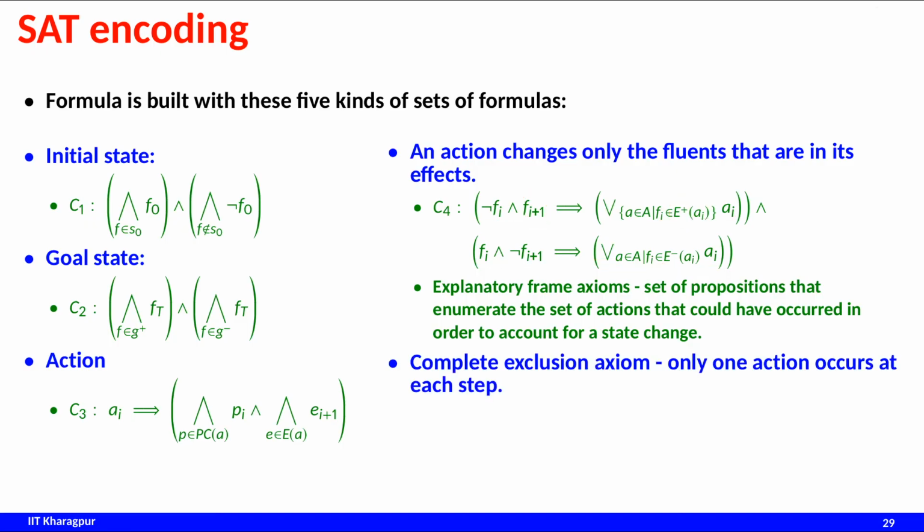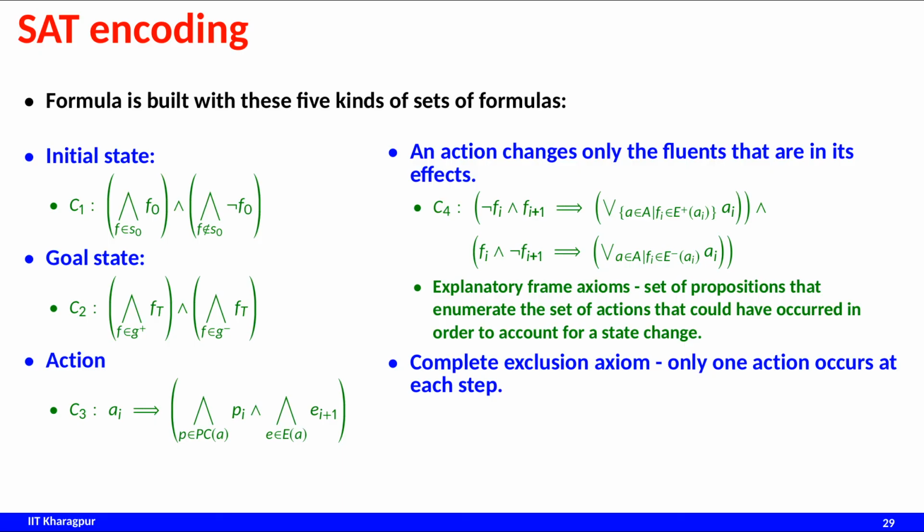In graph plan, if you remember, we talked about mutual exclusion. Two events cannot take place if they are mutually exclusive, but if they are not mutually exclusive, then I can have more than one event.